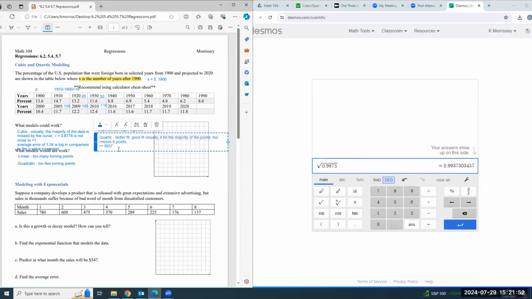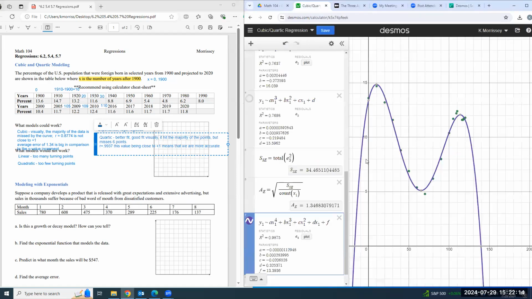So again, this is being close to +1, which means that we are more accurate, or we will have a better fit, or we're closer in relationship between the X and Y value. So again, that actually matches with what we're seeing. We want that to be as close as possible.